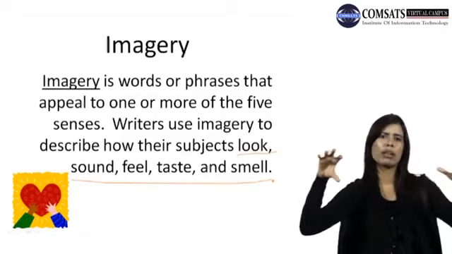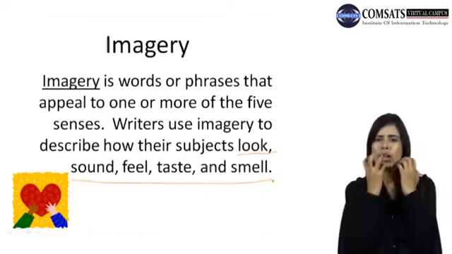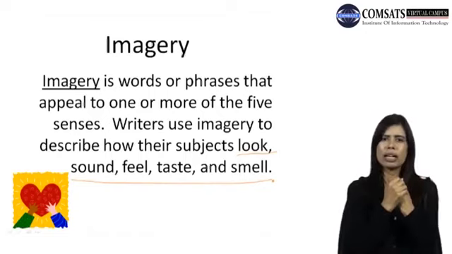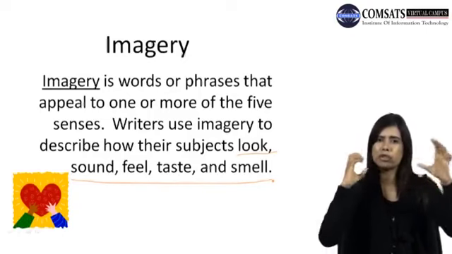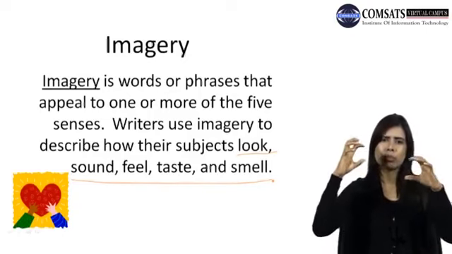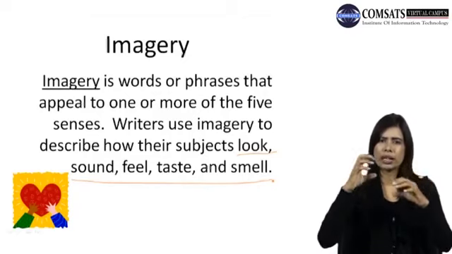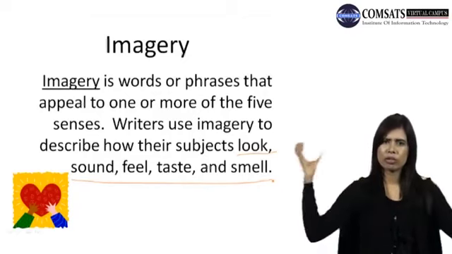That is not the literal meaning of the smell, like you will feel that smell. It's like you are telling your reader, through imagery, that this food tastes like this, through different examples.